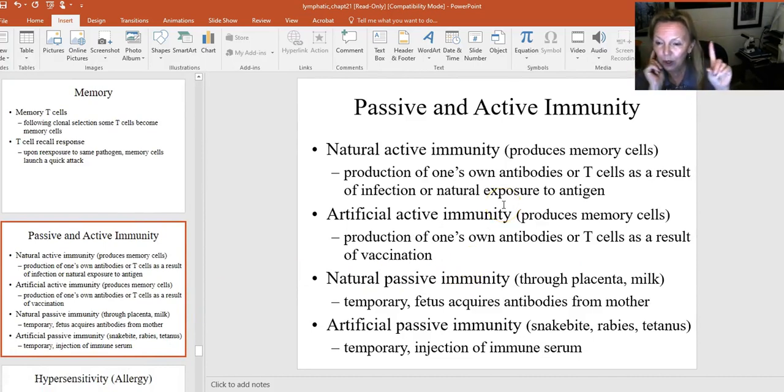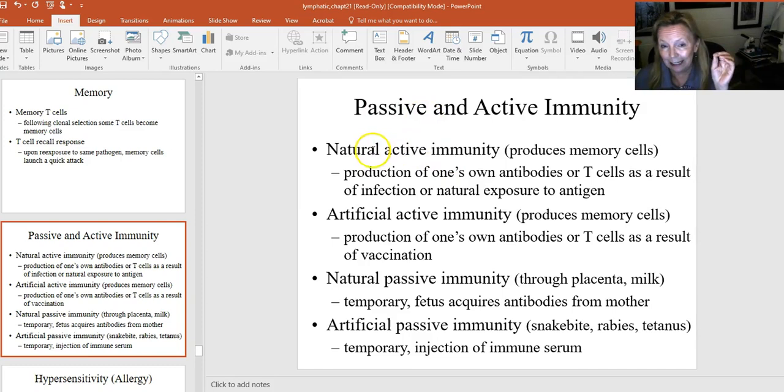I'm going to want you to also know about passive versus active immunity. The best way to describe this is that in active immunity, you're making your own antibodies. Your immune system is responding itself. In passive immunity, you're getting protection from somewhere else, from outside.